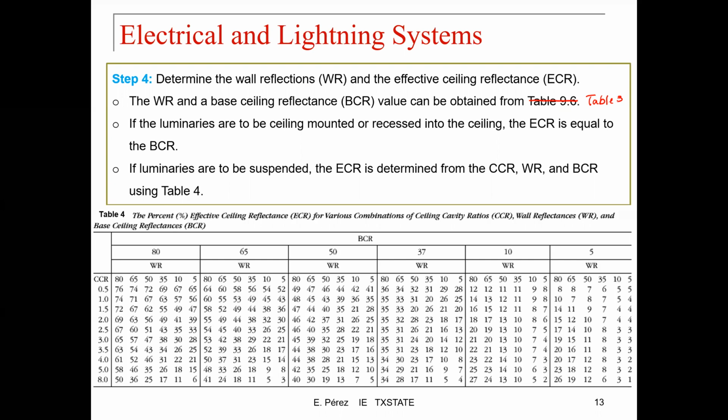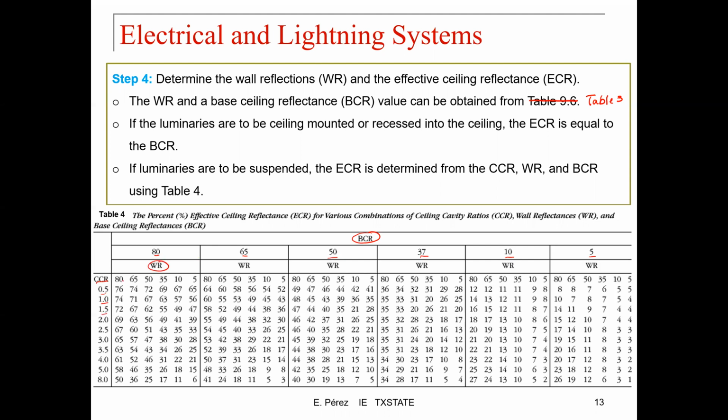And if the luminaries are to be suspended, the ECR is determined from the CCR, WR, and BCR using table 4, which is shown in this slide. So the BCR value is here at the top. So you have to look at the values here at the top. And the CCR is listed here.